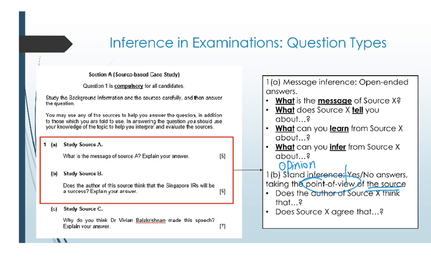In other words, your answers should only be yes or no. Again, examples are coming. But what are the cues to tell you that this is a stand inference question? Basically, when you have words that require you to answer yes or no.